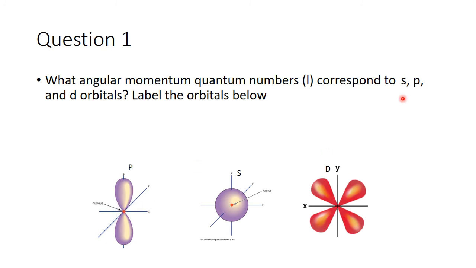We have three letters to choose from: s, p, and d. When we're looking at an electron cloud that looks like a figure 8, that is a p orbital. If it looks like a sphere, that is an s orbital. And if it looks like two p orbitals combined in this cross pattern, that is what we call a d orbital.